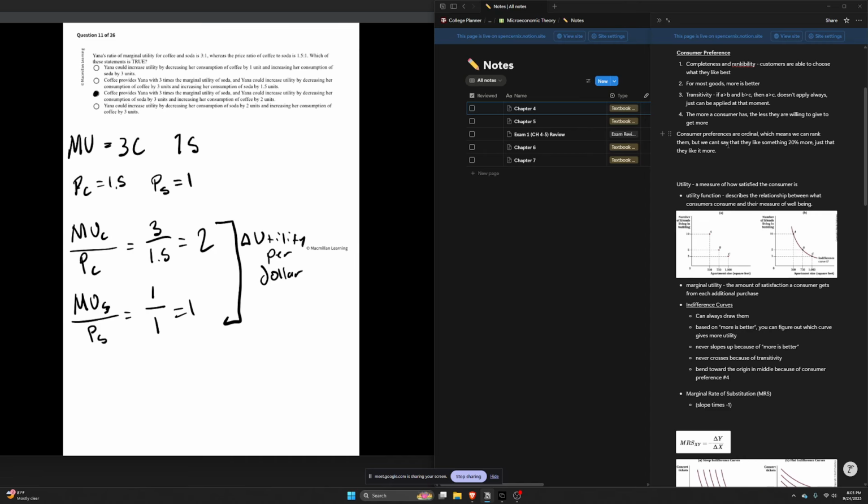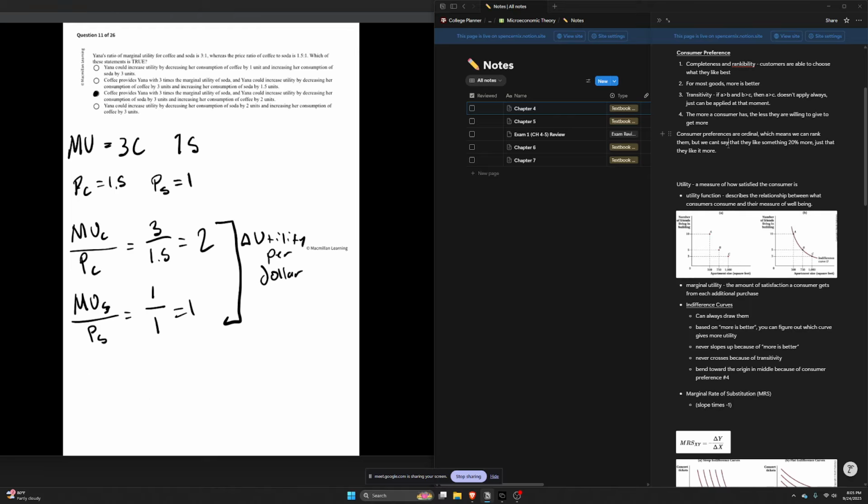So this goes all the way back to that first formula, where it's looking for a marginal rate of substitution for XY equals MUX over M. Oh wait, no, that's the wrong formula.